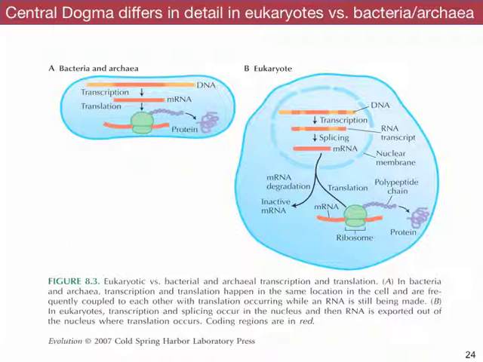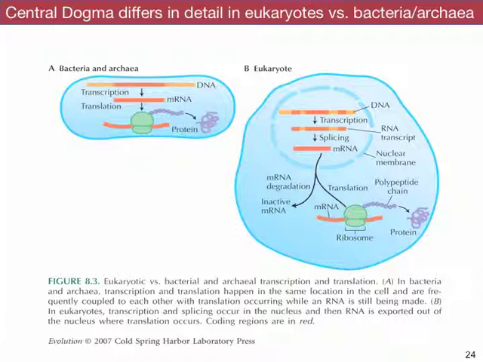Eukaryotes do not do this because they have a partitioning where the nucleus is where transcription happens, inside this membrane-bound compartment. And then the RNA is processed. Frequently, there are what are called introns in the RNA, which are regions that are not going to make it into the final protein product.